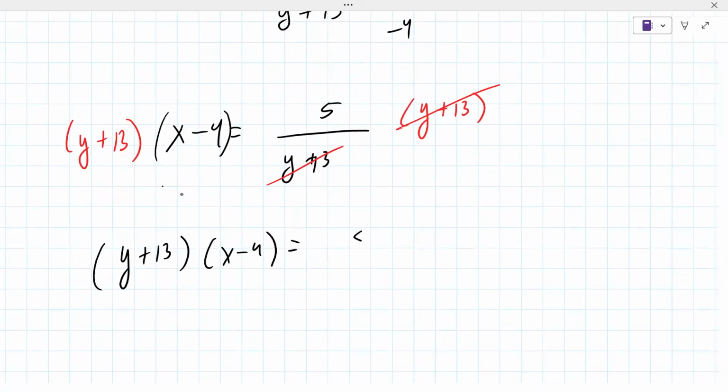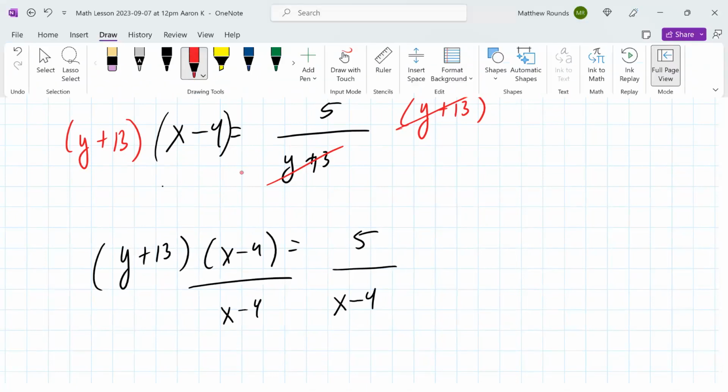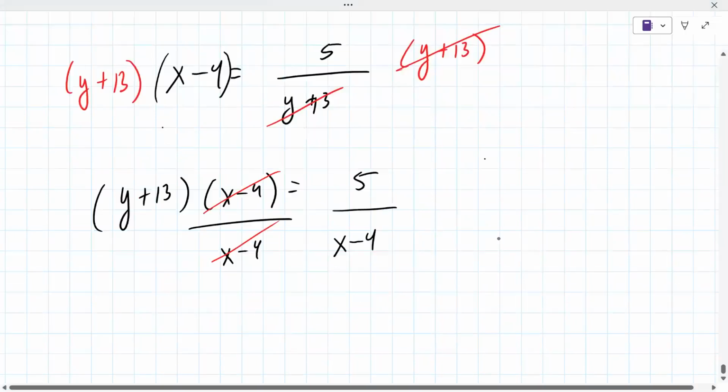You end up just dividing both sides by the x minus 4. Those cancel on the left. So you end up getting y plus 13 equals 5 over x minus 4.